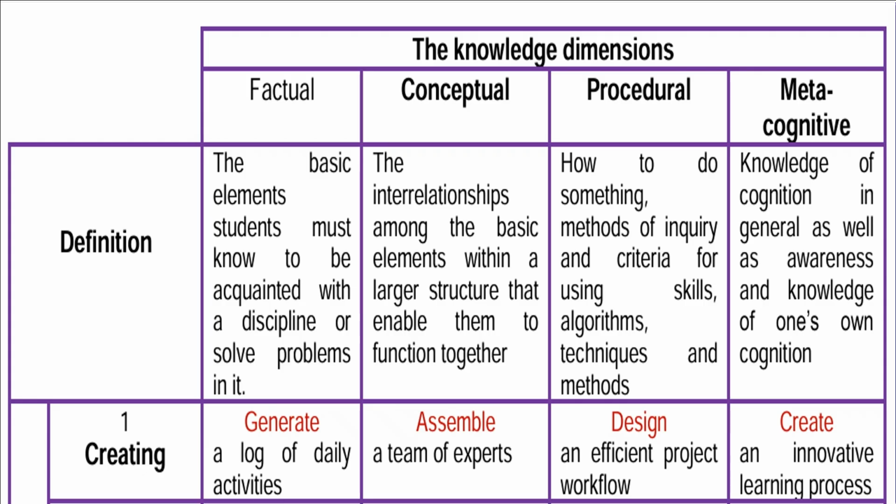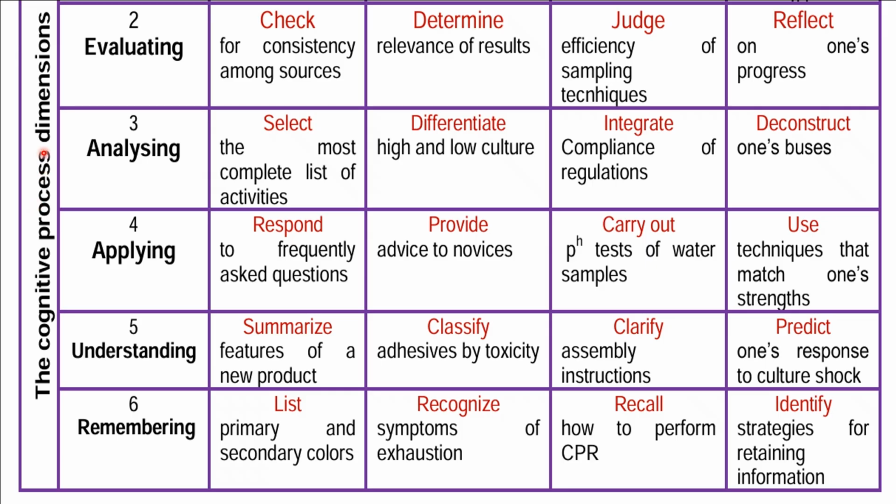Cognitive process dimensions. 1. Creating: generate a log of daily activities, assemble a team of experts, design an efficient project workflow, create an innovative learning process. 2. Evaluating: check for consistency among sources, determine relevance of results, judge efficiency of sampling techniques, reflect on one's progress. 3.